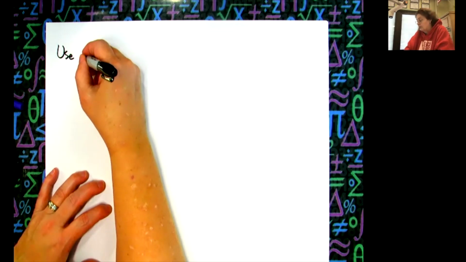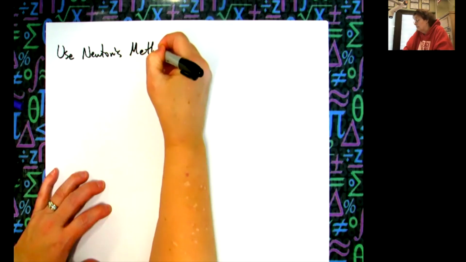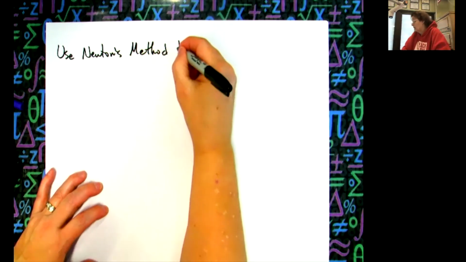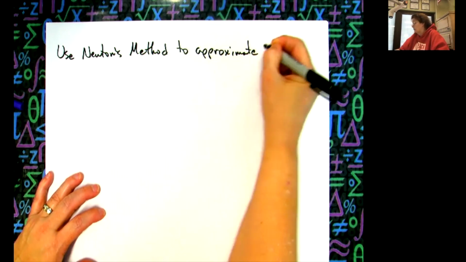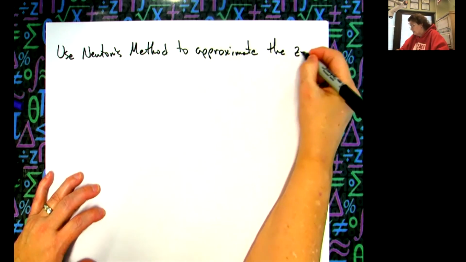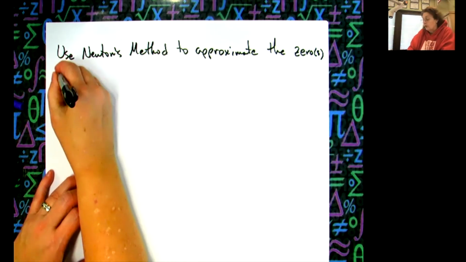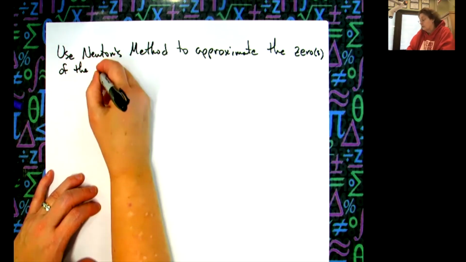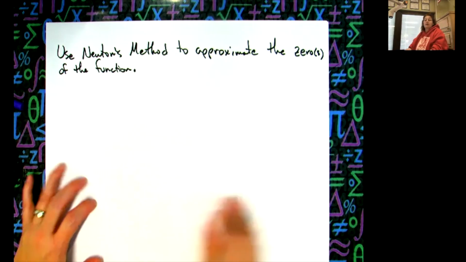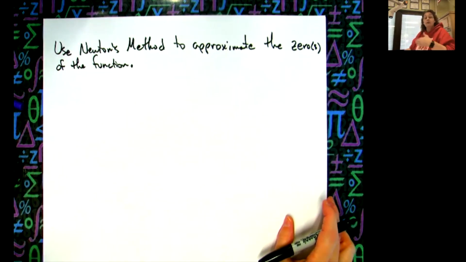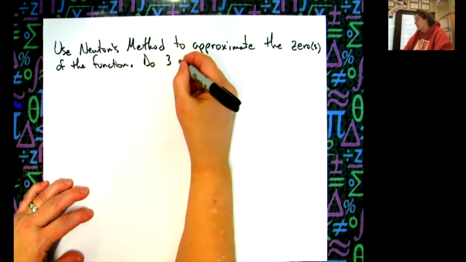So it's going to say use Newton's method to approximate the zeros, could just be one or more than one, of the function. And then your textbook is going to be very specific and tell you do 3 iterations or do 4 iterations. So let's just start with 3 iterations to begin with.